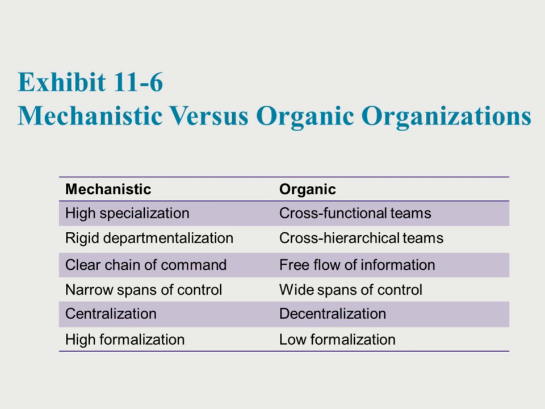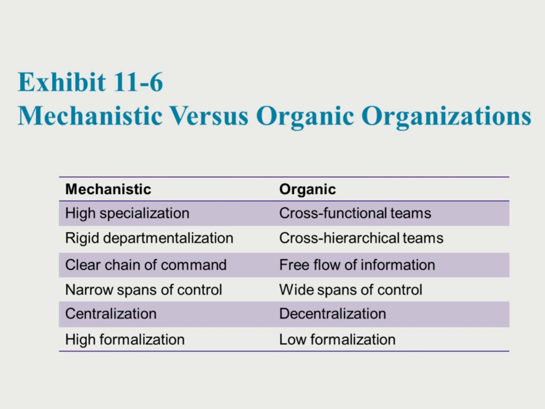So here's the mechanistic versus organic organizations. And if you ask me which one you should work for, you have to think of where you work best. If you want to do a lot of different things for your job, and you want more freedom, but freedom also comes with more responsibility for the decisions that you make, then you would go with an organic organization.